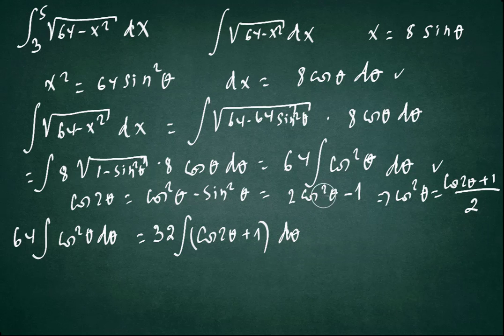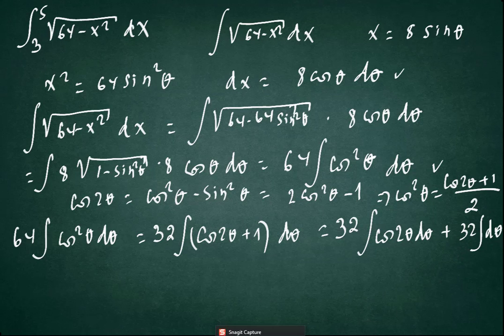And we are going to split this one, and because it's an addition, we can say that is equal to 32 times the integral of cosine 2 theta d theta plus 32 times the integral of d theta. Now we can just calculate this, something we know.